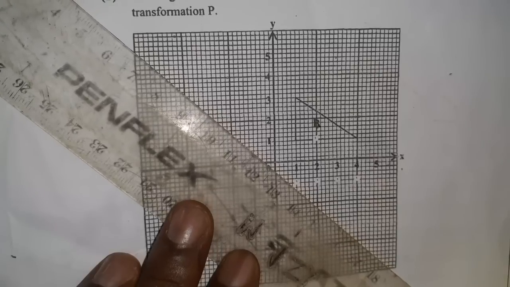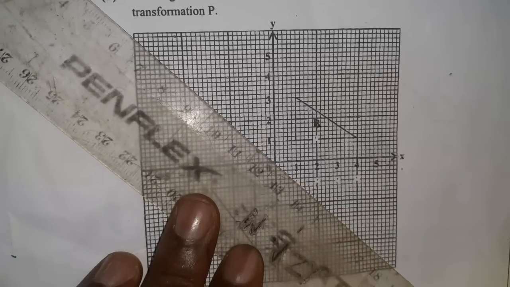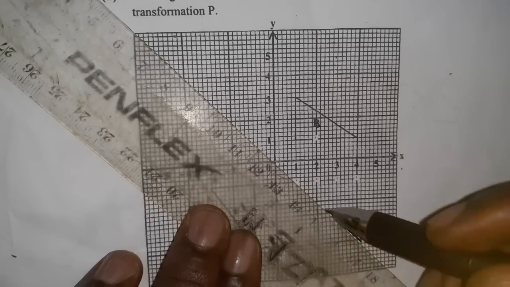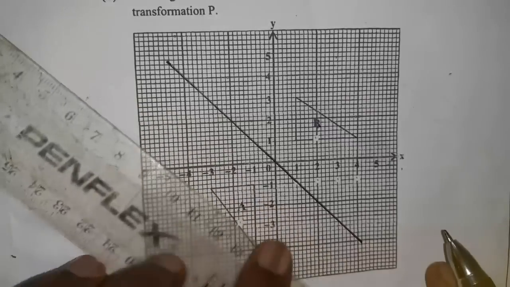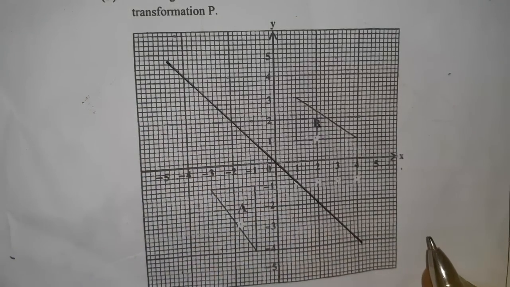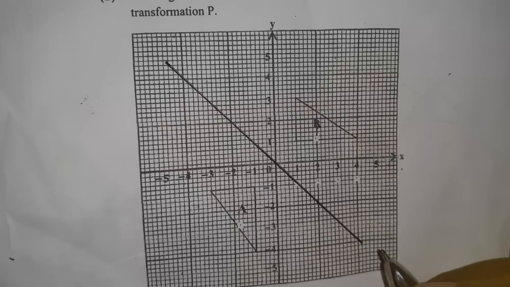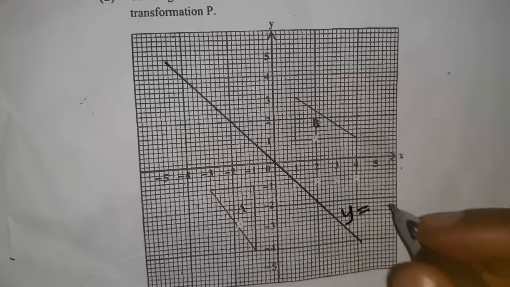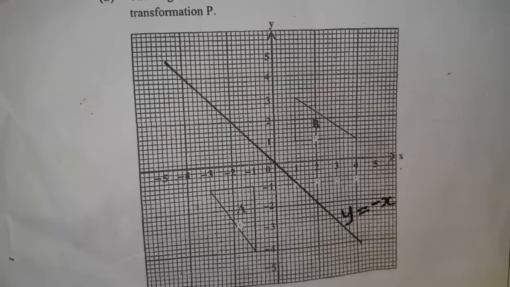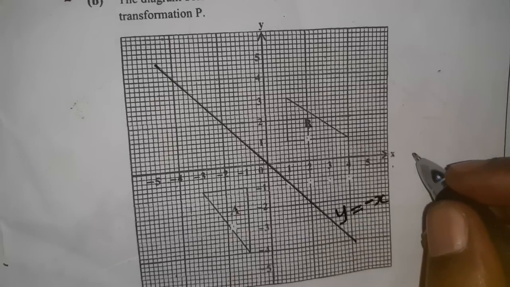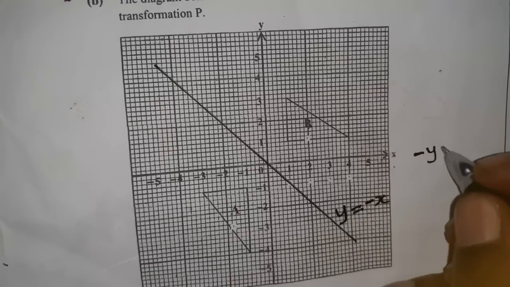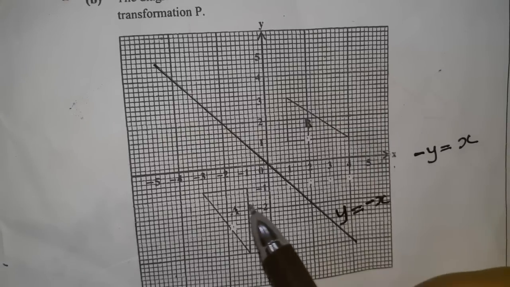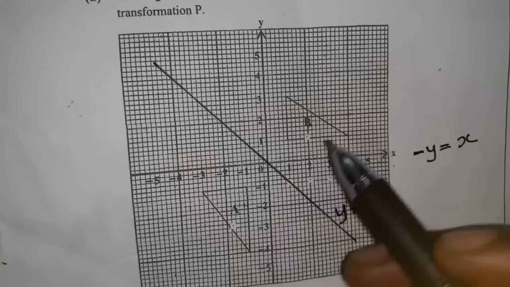Okay. This line here. Okay. Now, when you look at this line, these are special equations or lines. What do we call them? This is y is equals to negative x. Okay? Or we can say negative y is equals to x. So these two are a reflection.